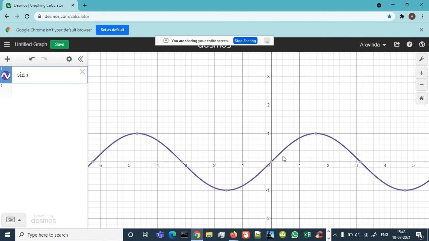The x-axis ideally would have been better in terms of pi, but showing it in radians is fine. You can see that sin x is 1 for a value of something like 1.57, which is nothing but pi by 2. Pi is 3.14, by 2 is something like 1.57. This is how the sin x graph looks. Now let me plot the cos x graph.